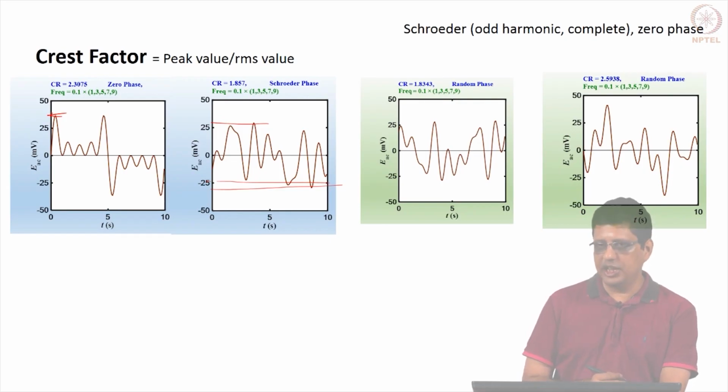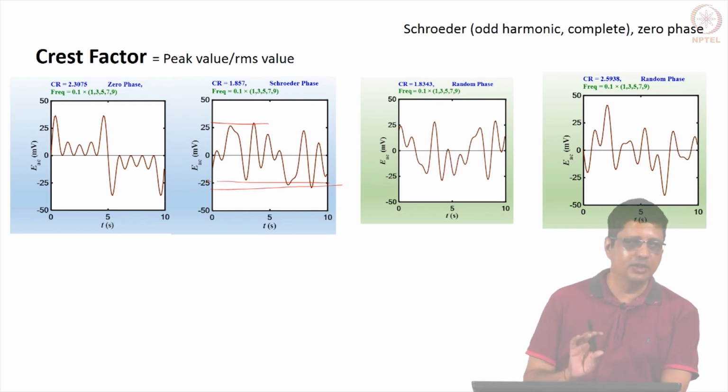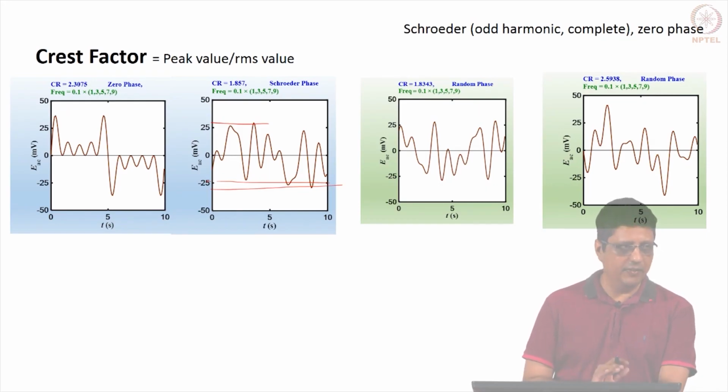So, with random phase generation, depending on your luck, it may give a poor or large value of the crest factor. When the crest factor is large, it basically means you are going into the nonlinear regime, which means you will get higher harmonics. The system is nonlinear anyway, but if you apply large amplitude you will get higher harmonics. If you apply small amplitude, we can neglect them, they are small.